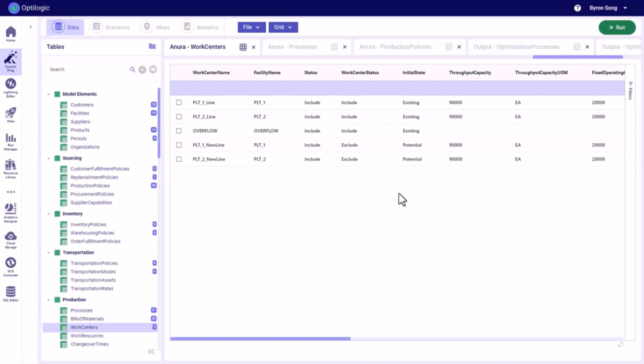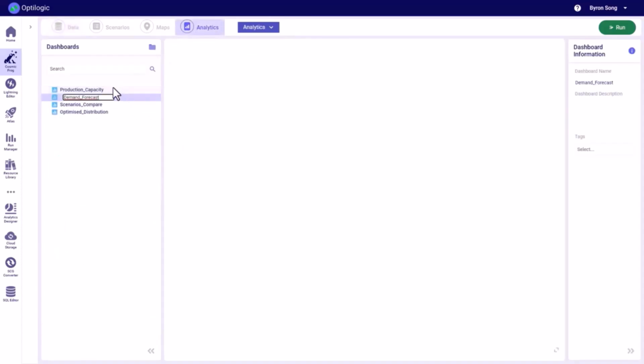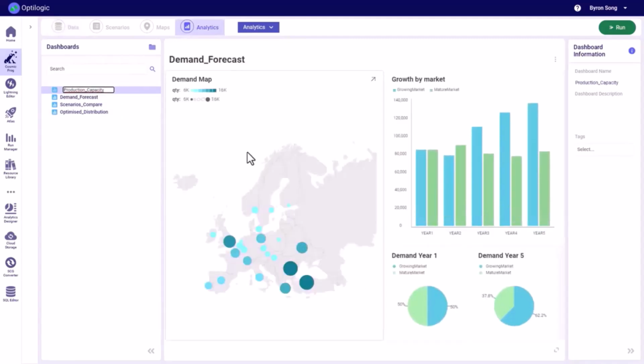Now the first business question is: is the current production capacity sufficient for the future demand? We've already run the baseline scenario. To review the result, we can go back to analytics, and we can look at this dashboard I've created here.